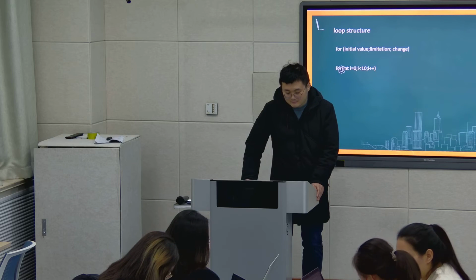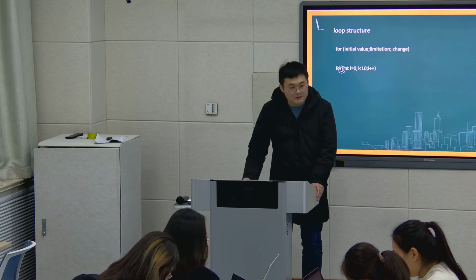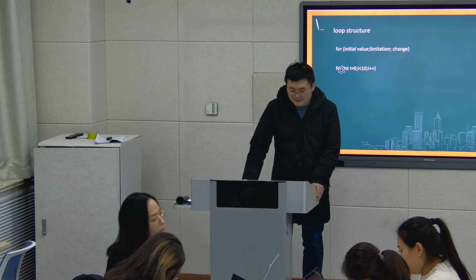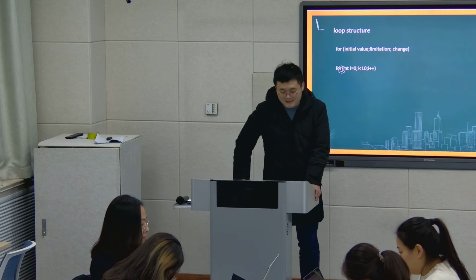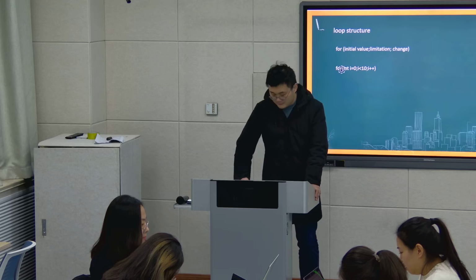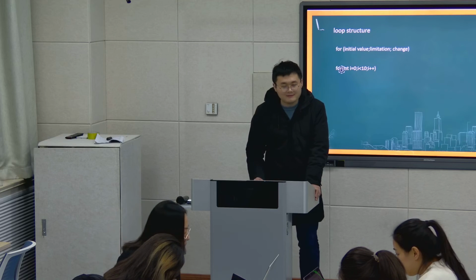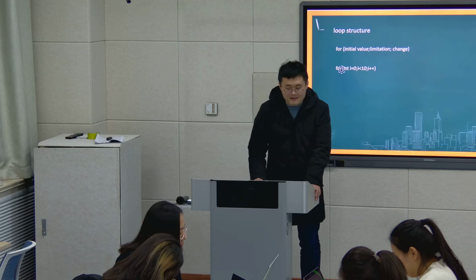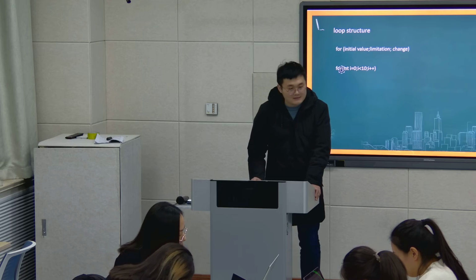Or you can also write smaller than other numbers like 100, 200 or 10,000, and every step you must change i to end the for loop, or the for loop will execute endlessly. So our computer must end a program because it can't execute a program endlessly. So here is the definition of for loop.